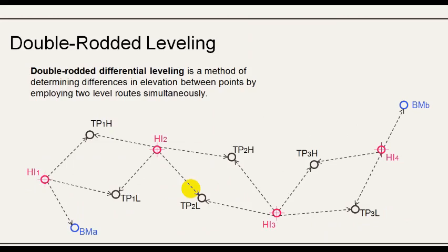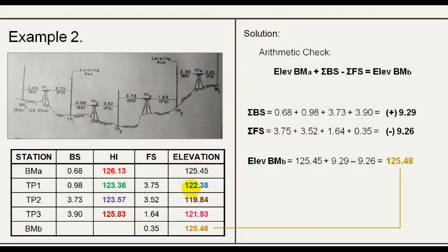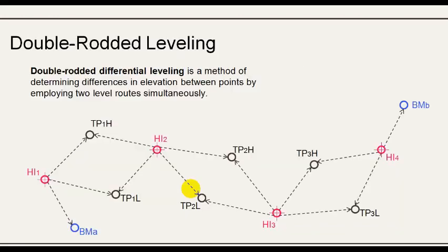Next, our sample computation for differential leveling. The next one is double-rodded leveling. It is a method of determining differences in elevation between points by employing two level routes simultaneously.